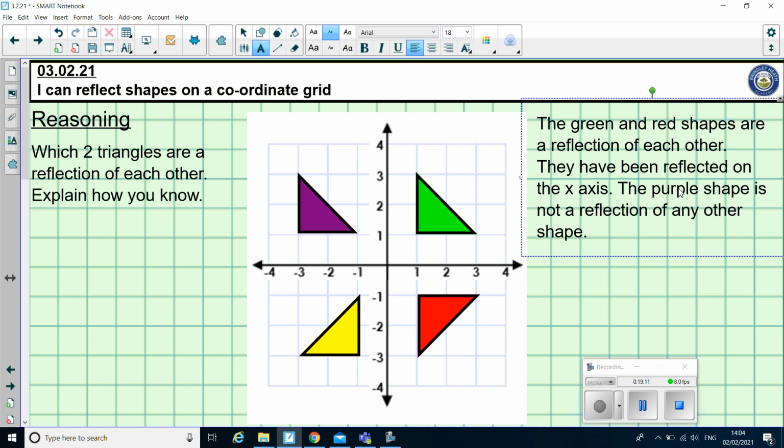You could say the purple shape is the green shape translated 1, 2, 3, 4 squares, four squares to the left.